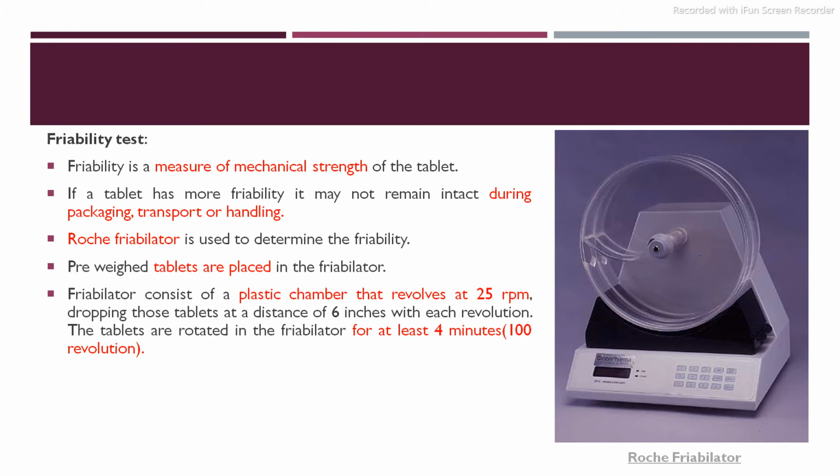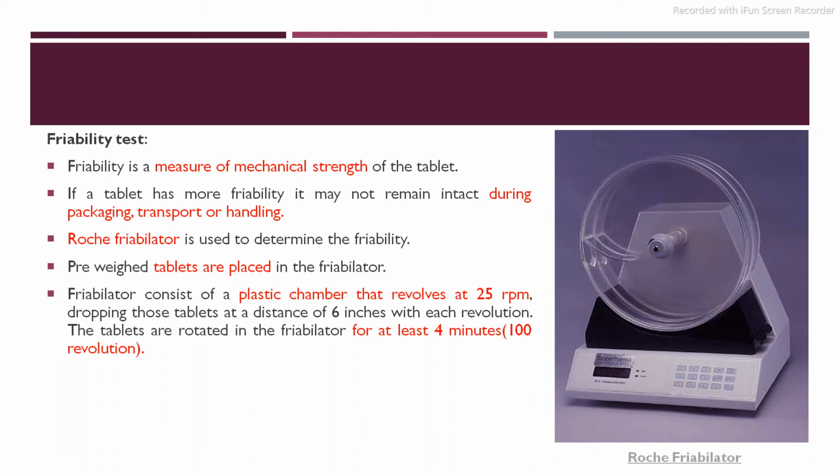The speed of this Roche friabilator is 25 rpm, meaning in 1 minute it rotates 25 times, and we have to operate it for 100 revolutions, so your test will be completed in 4 minutes. In 1 minute 25 rotations, so in 4 minutes it will complete the 100 revolutions.